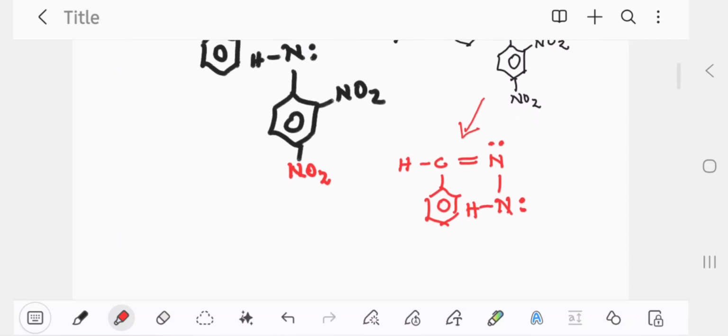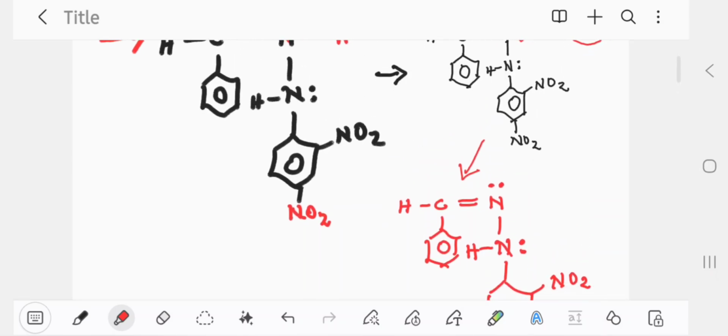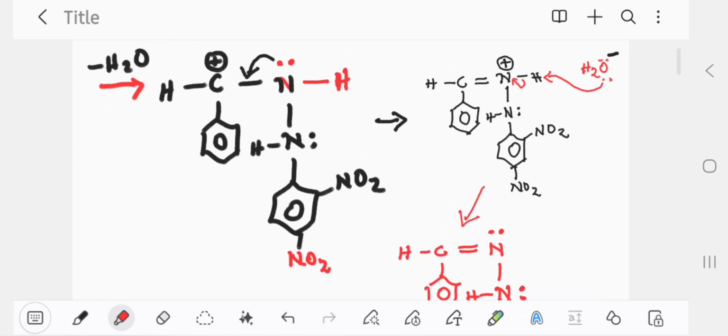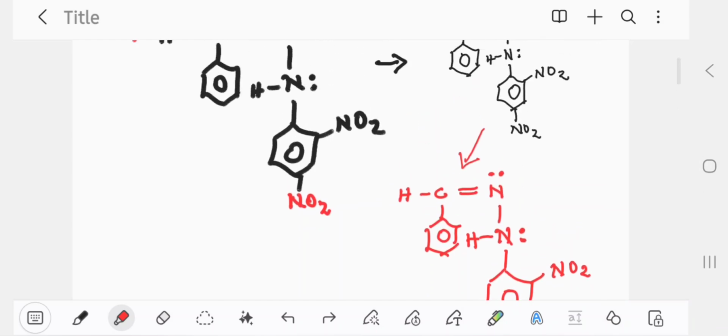Then coming down, we now have the nitro group with NO2, then NO2. If you look closely, everything is balanced. This carbon here is surrounded by 4, so it's okay. Nitrogen 5, nitrogen here 5. So this is our final product, okay?